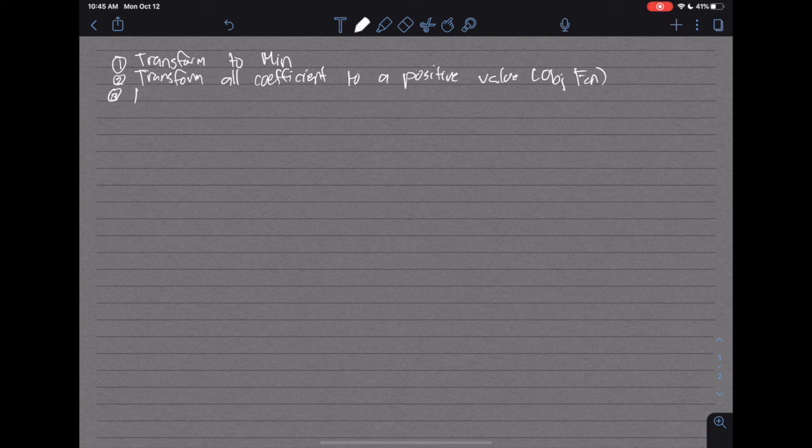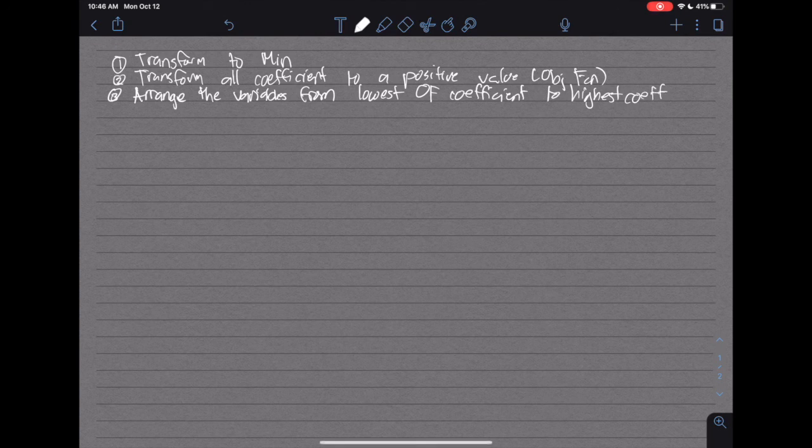The third is to arrange the variables from lowest objective function coefficient to highest coefficient. Break ties arbitrarily.